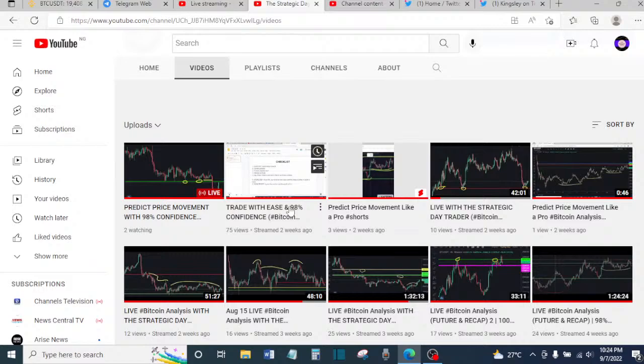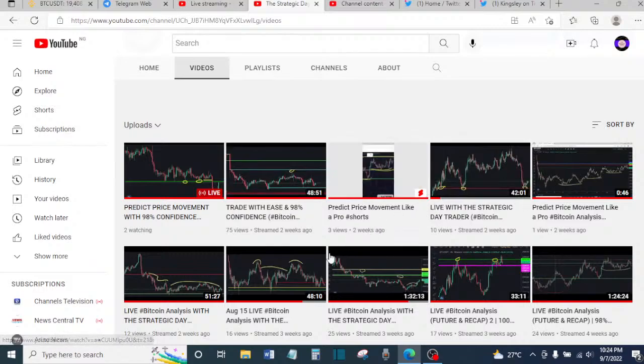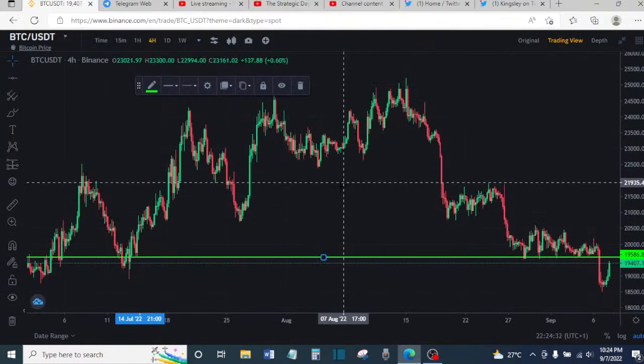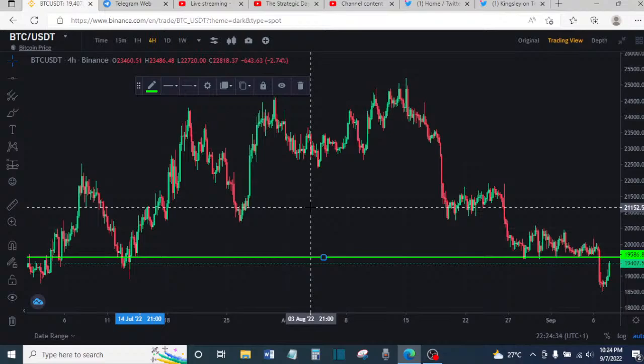So if you can have an 80% grasp of my analysis, I believe you will perform greatly on any price chart. Bring any price chart, my analysis always deals with them massively.